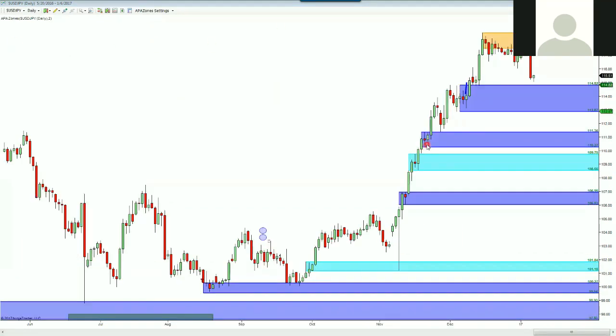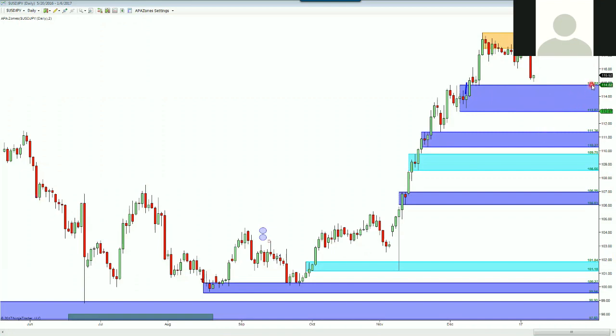Looking at the daily time frame, even though our overall trend is up, let's be realistic. What's going to happen over this coming week? Because that's what we're doing. We're looking at a weekly forecast of what's going to go on. So this coming week, I'm looking for price to really give us a good retracement.